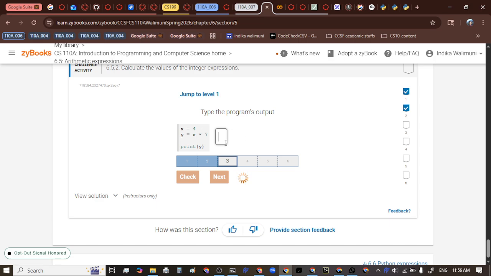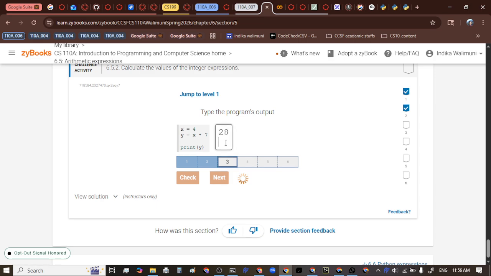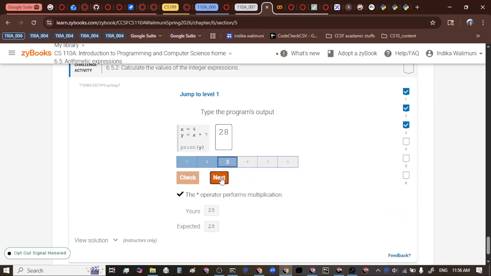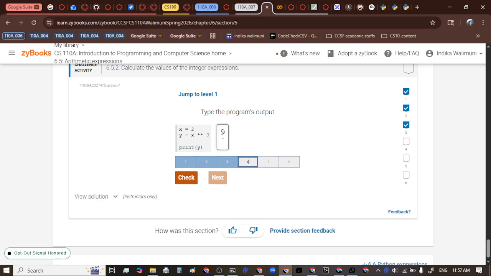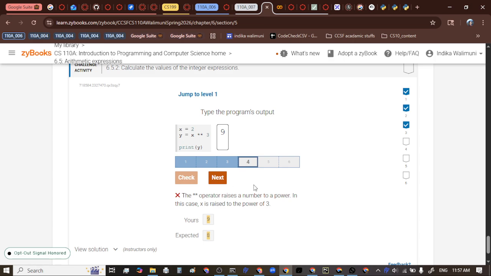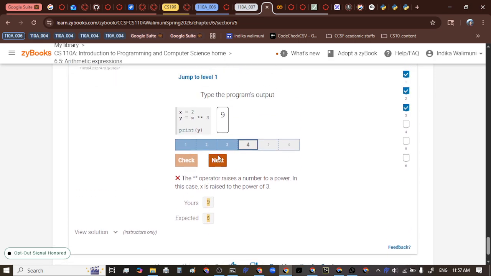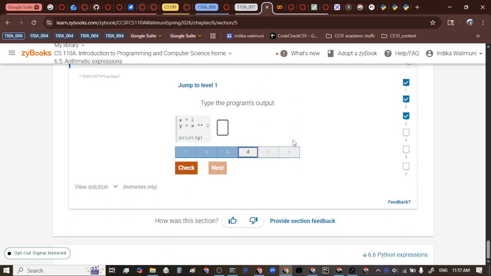Okay, so this one, 9. What's happening there? Oh, 8. Silly mistake. There's no way to go back, right? Okay, so we're going to go.